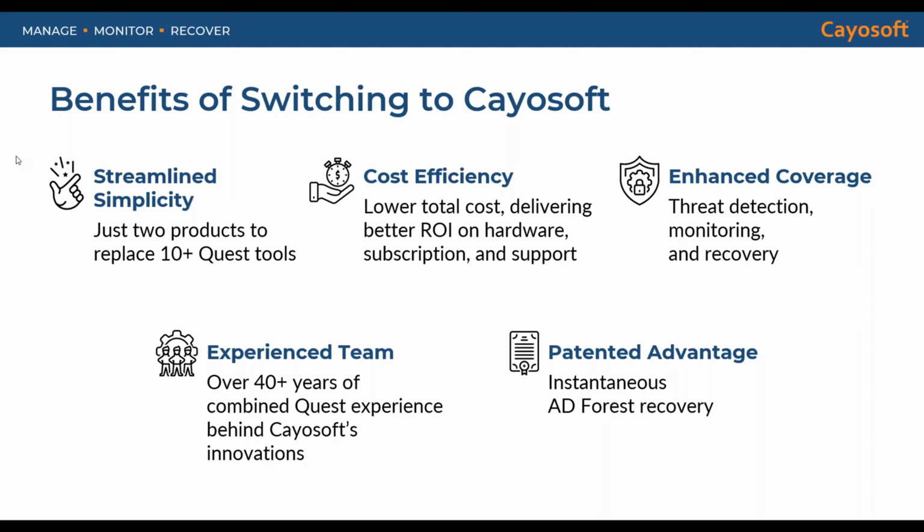You can run them side by side if you need to, because again, as I mentioned, we don't require any agents, so there are no compatibility issues per se. So you can install your Cayosoft Guardian side by side with Quest products, give them a try, and then start using Cayosoft for recovery right away, then recreate your alerts, recreate your rollback rules, and then completely stop using the corresponding Quest products.